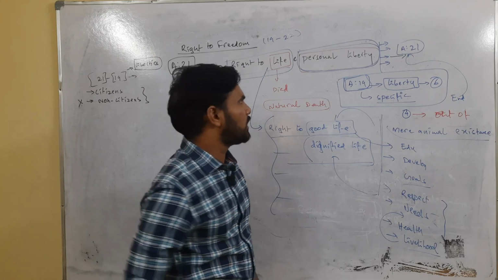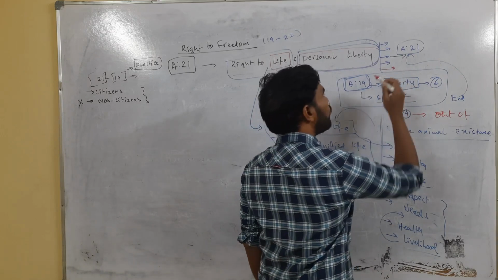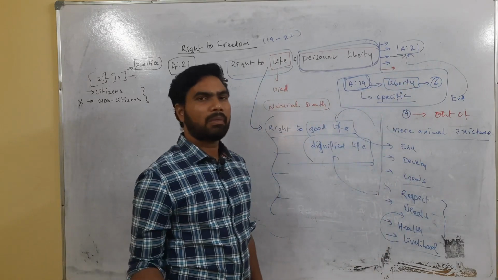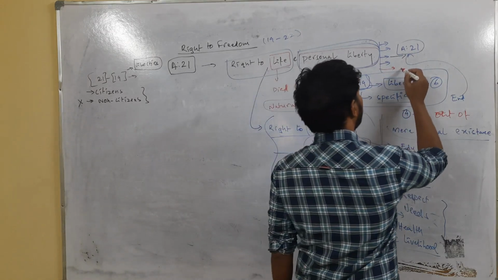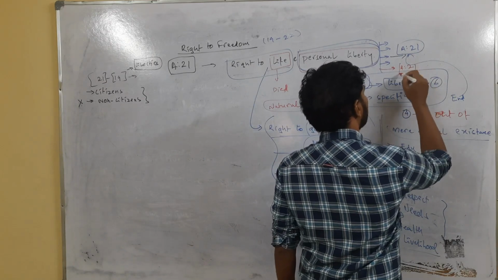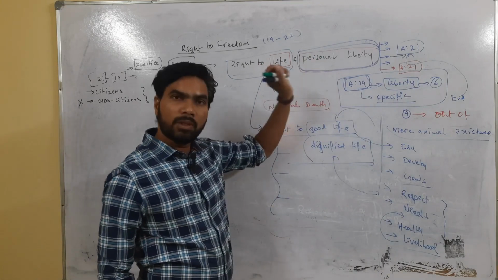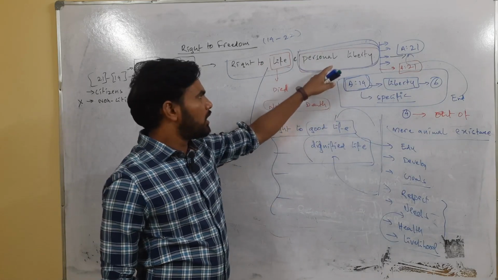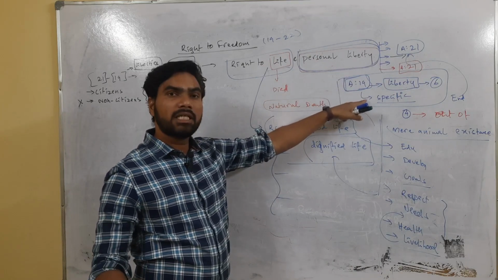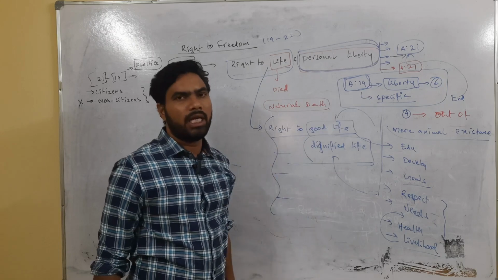Then the Supreme Court said that the liberty to move out of the country can be found under Article 21. In this way, with respect to liberty, Article 21 is the extension of Article 19.